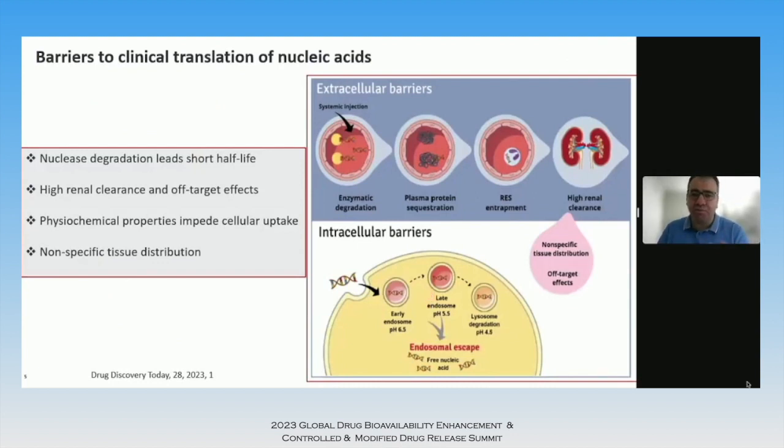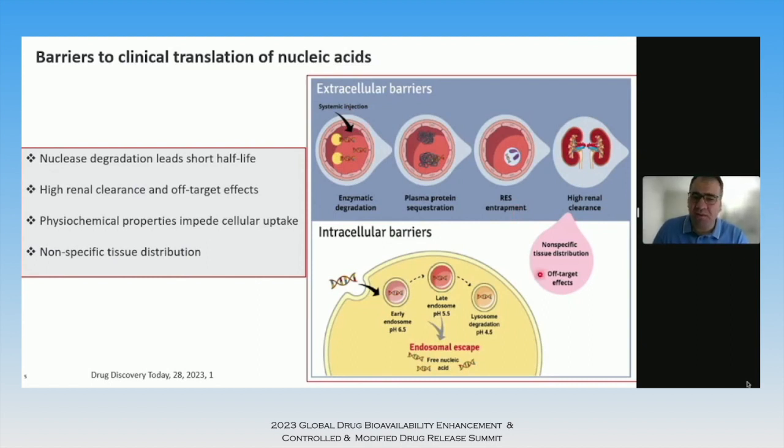And in contrast to these traditional modalities, these molecules need to go inside the cells. They need to go into the cytoplasm or nucleus to perform their job, and there are multiple barriers, right? After the IV administration, we have multiple extracellular barriers.